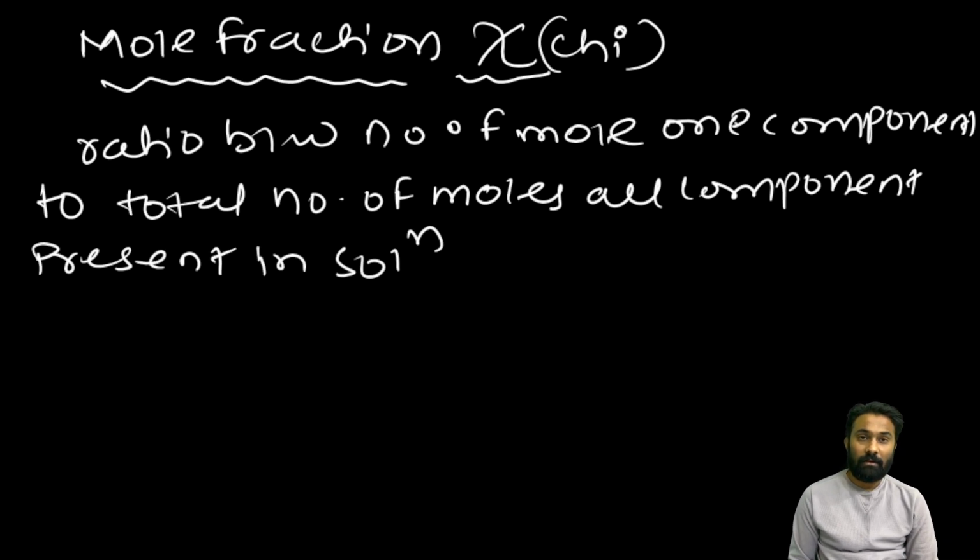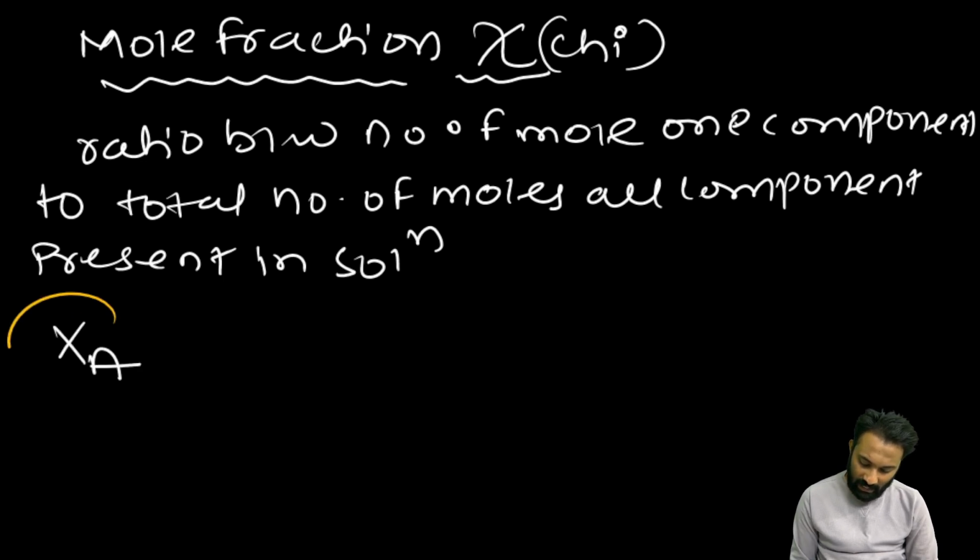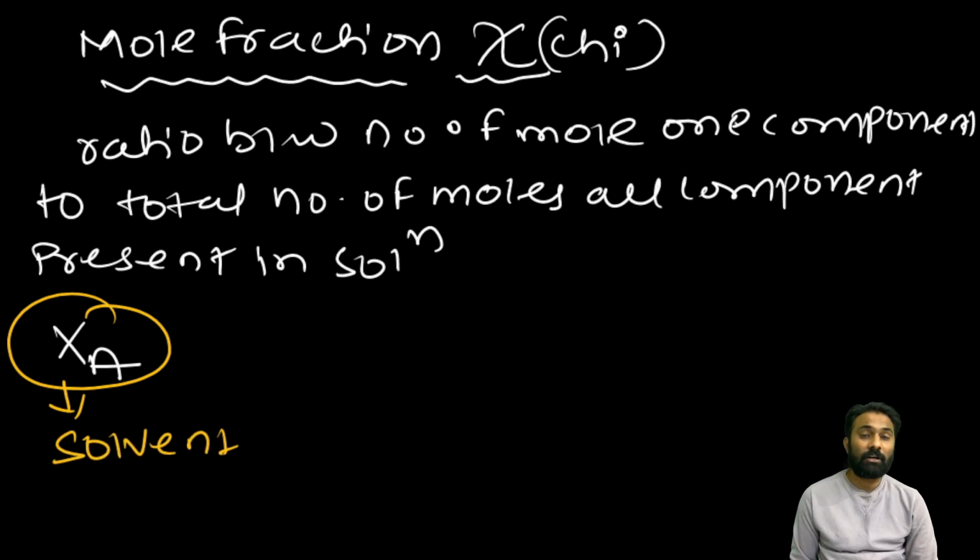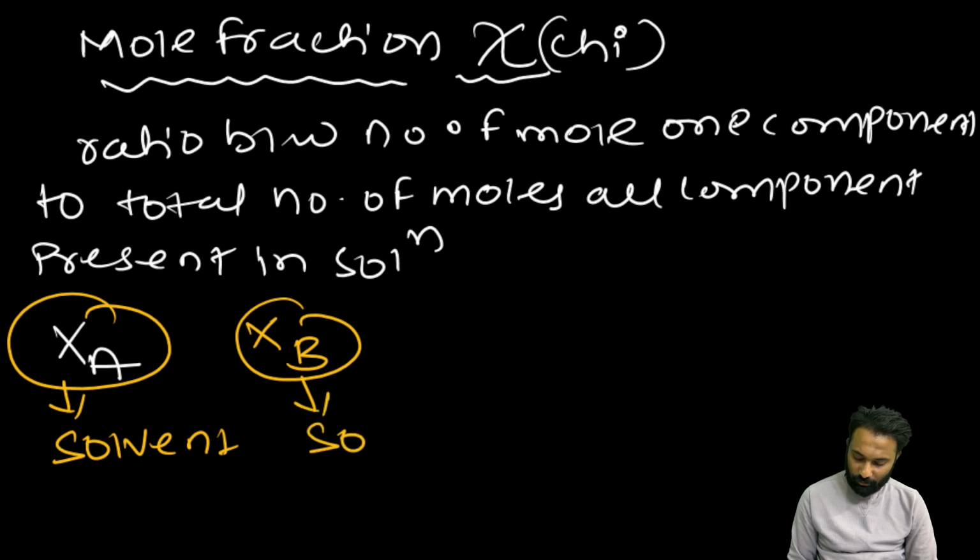Clear? Now, here I was taking one solution. We are having two components. Let it be chi A. If I say chi A, I am talking about the solvent, because we are talking about a binary solution, where we have only two components. A represents the solvent, and chi B means nothing but the solute.